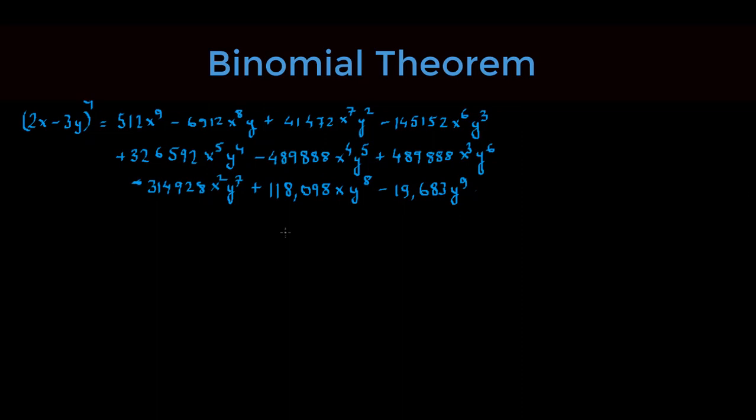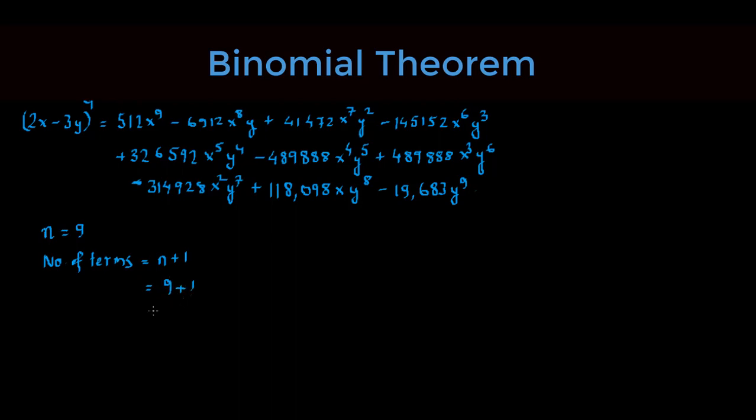Now, one more thing I'd like to state here. So the index is 9 here. So if you know the index value, then you can also tell the number of terms it will have. So number of terms is equal to n plus 1. So we have n as 9.